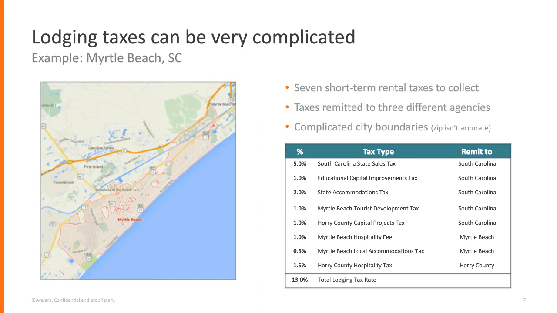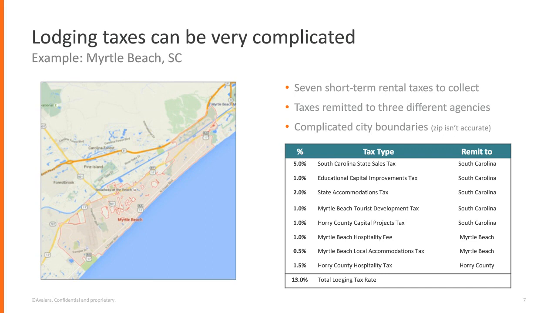On the left-hand side, you can see the mapping software screenshot of the city limits of Myrtle Beach. It's a bit hard to see, I'm not sure how big your screen is, but the shaded area are the city limits of the city of Myrtle Beach, outlined by the red borders. Any property within that red border in the city limits of Myrtle Beach, South Carolina, must collect and remit the sub-tax rates detailed on the right side of your screen.